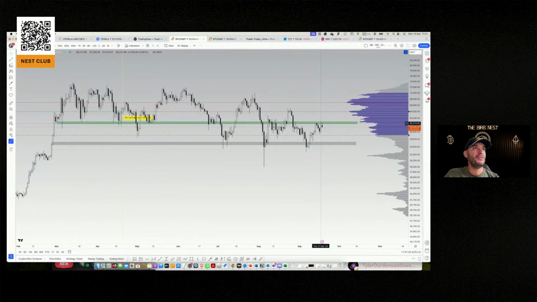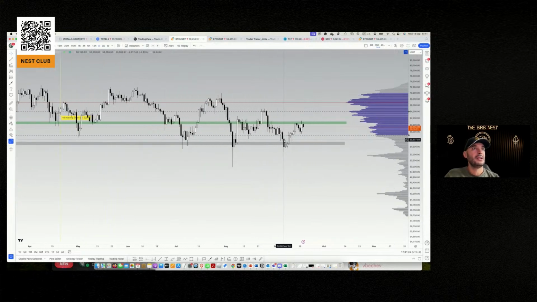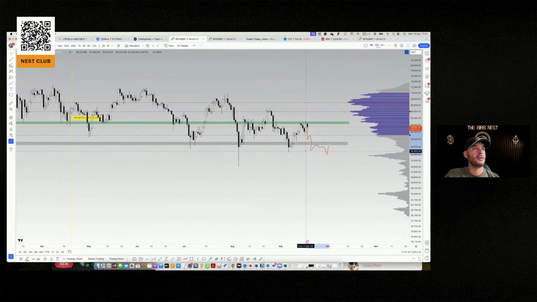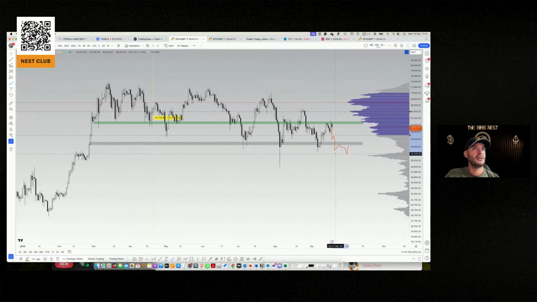If this goes down and re-enters this zone, and ideally takes out this low, I will be worried if it would take out this low, unless it's a very quick wick, but ideally not. If it takes out this low and gives me another kind of swing failure pattern, then I would be happy to find new longs here with size.